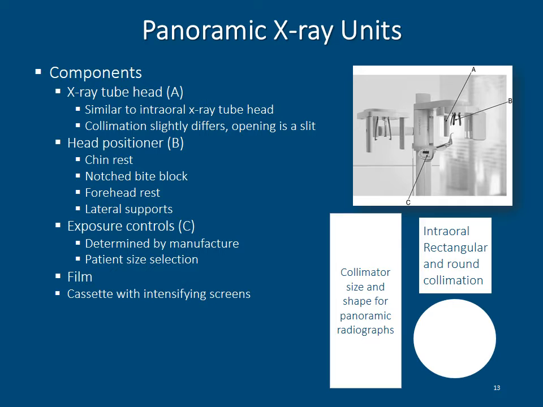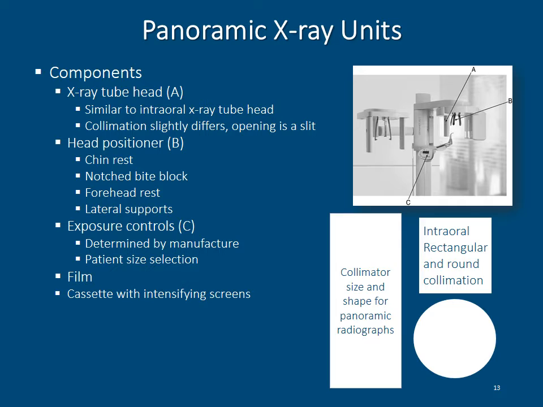The exposure controls, which are located on the panel on the main support of the machine, are determined by the manufacturer. And once the patient size is selected, it will also set the size of the focal trough and also the amount of radiation that is produced or needed to expose the film.